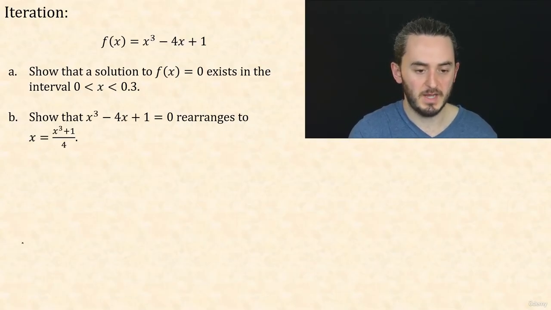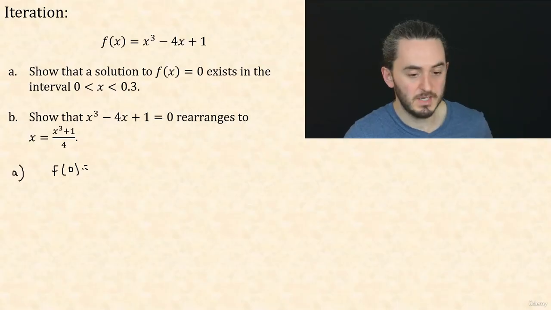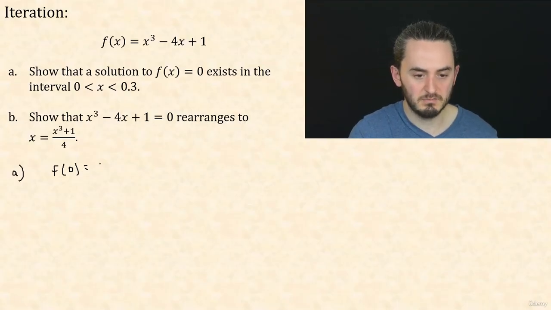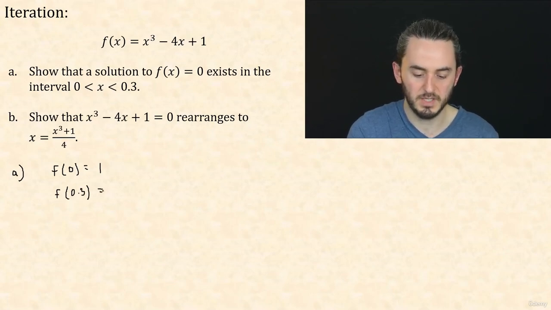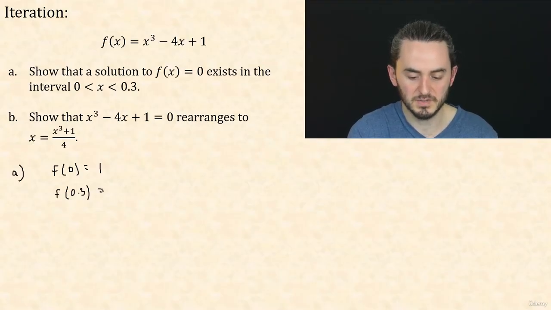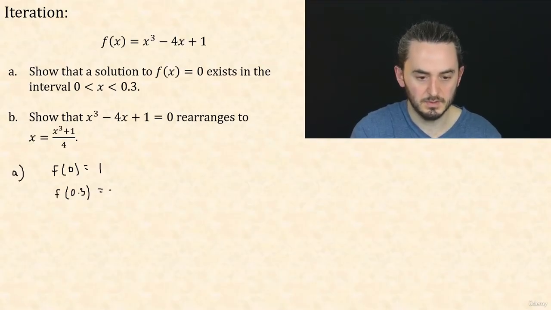So the first one, part A, we know that all we need to do is show a sign change. So f of 0, well, if I sub 0 into my formula, I just get 1. And if I sub 0.3 into my formula, so I'm calculating 0.3 cubed minus 4 times 0.3 plus 1, I get minus 0.173.